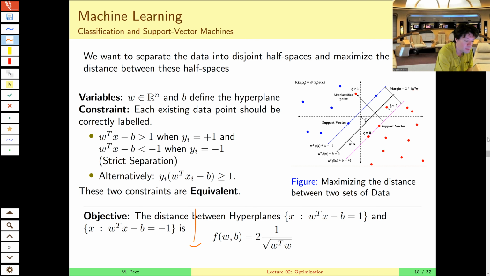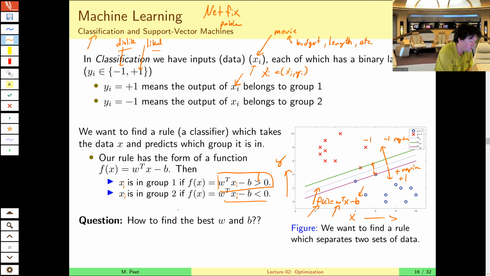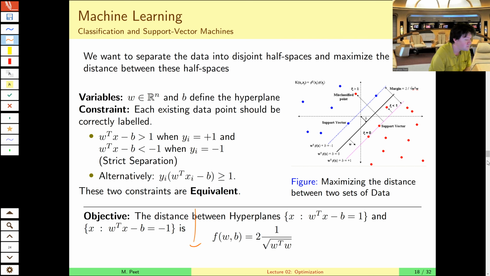If you remember our constraints, they're sort of if logic. Xi is in group 1 if this is true. Xi is in group 2 if this is true. We had a similar problem in the max cut example, and so actually we have a similar solution, but not exactly the same.